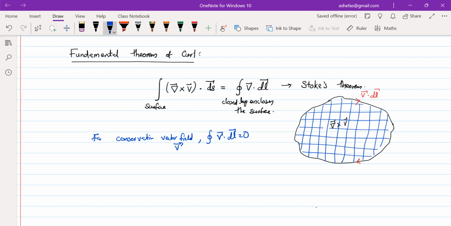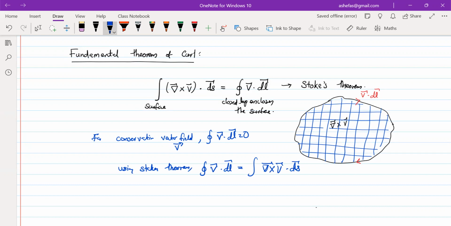Now according to Stokes theorem, the closed integral of V dot dl is equal to the integral of del cross V dot dS, isn't it?